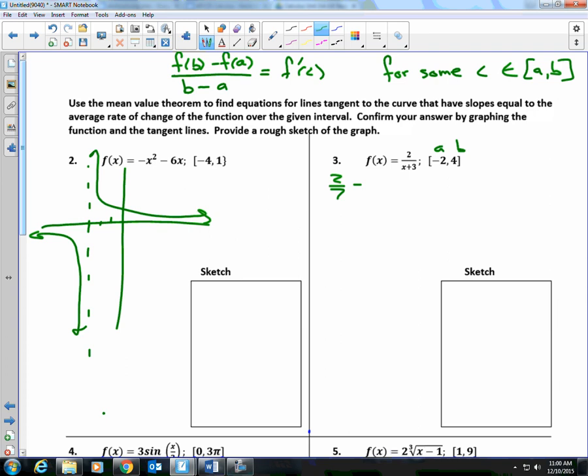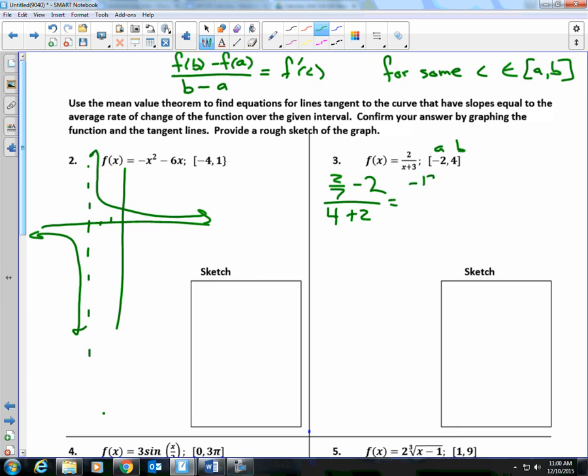We plug in -2, 2 over 1, which is 2, divided by b minus a. 4 right here, 4 plus 3 is 7. Very good.